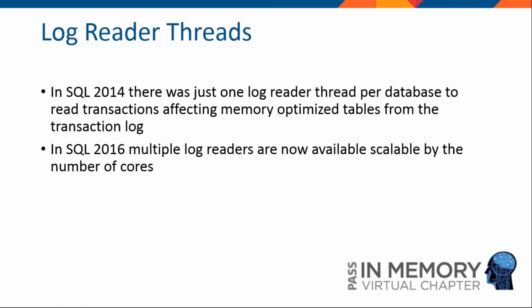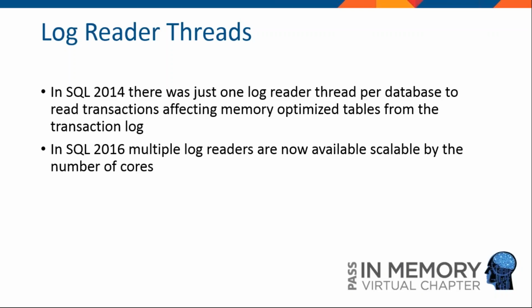This is another under the hood feature, the log reader threads. In 2014, there was just one log reader thread per database to read transactions affecting memory optimized tables. So this means that every time you had an operation and it needed to interact with the transaction log, you only had one thread available, meaning some type of single point of failure or performance bottleneck.